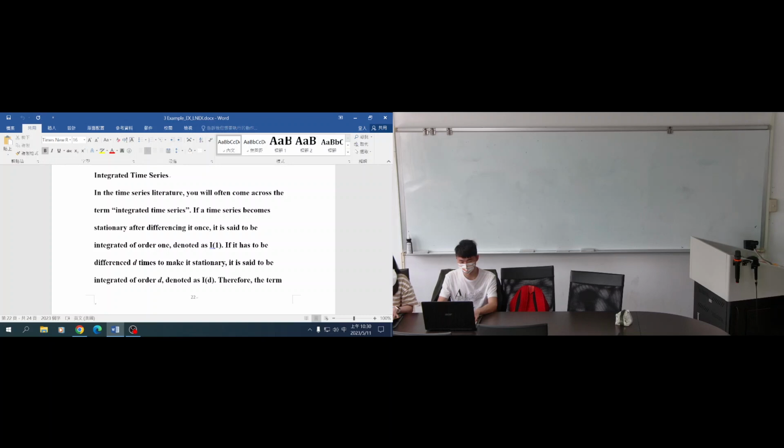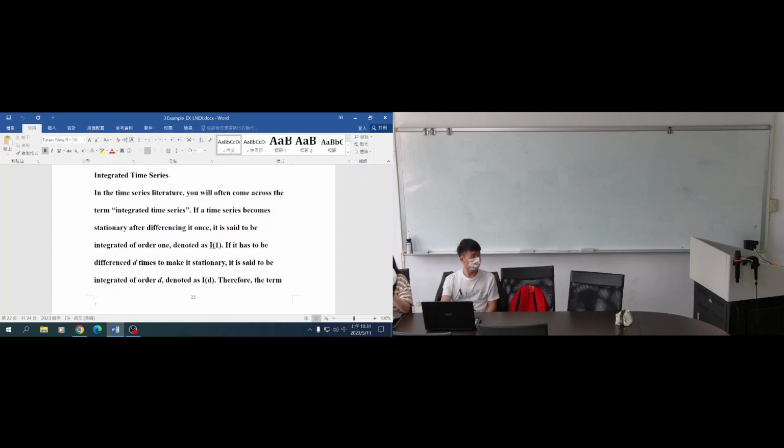If the time series becomes stationary after differencing it once, then it is said to be integrated of order 1 and denoted by I(1). If it has to be differenced d times, meaning differencing the difference, then we denote it by I(d).